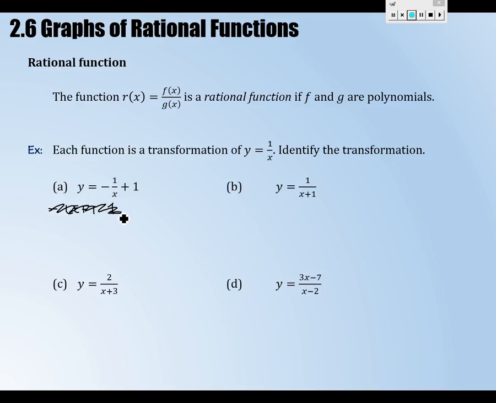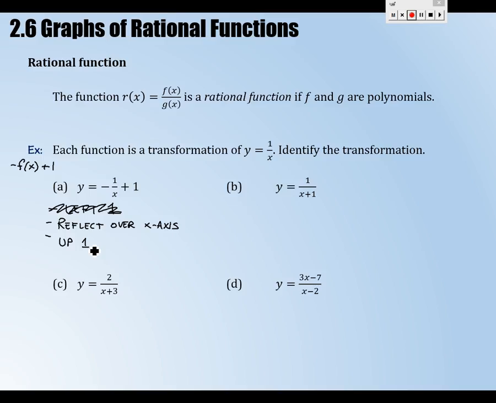I want to think about what negative 1 over x looks like first. So I think that's negative f of x. This is of the form negative f of x plus 1. So I think we understand that to mean a reflection over the x-axis and up 1, right? Okay.